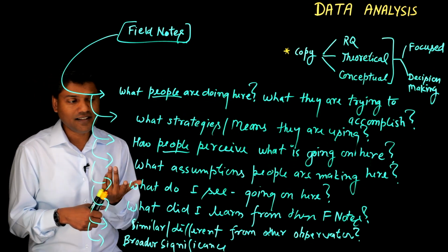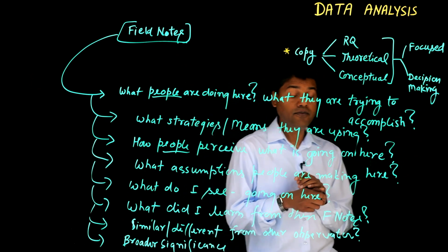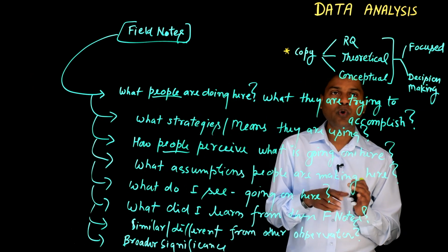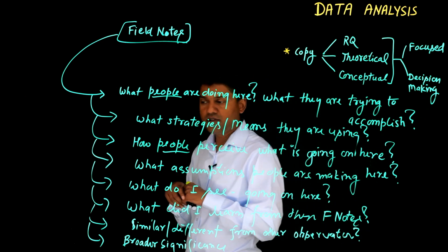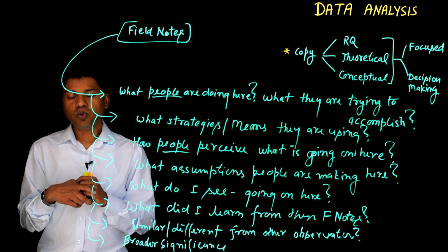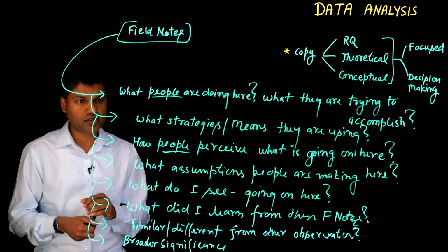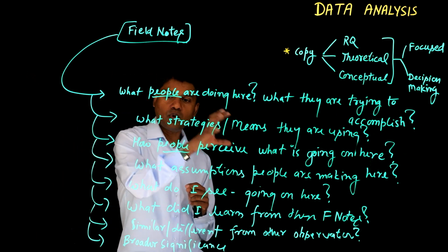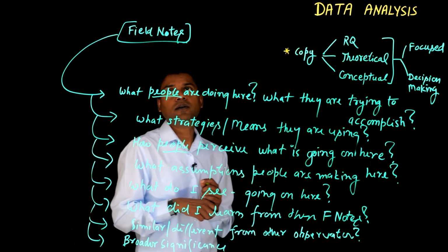How do I see what is happening here? What did I learn from my field notes? How is what I'm observing here similar or different from my prior observations? And finally, what is the broader significance of what is in this data? Keep these questions in your mind when you are coding your field notes.